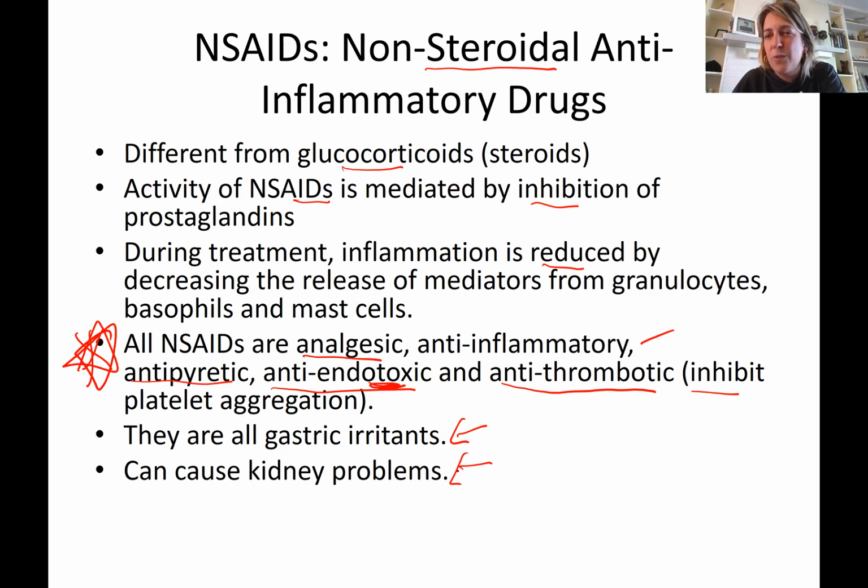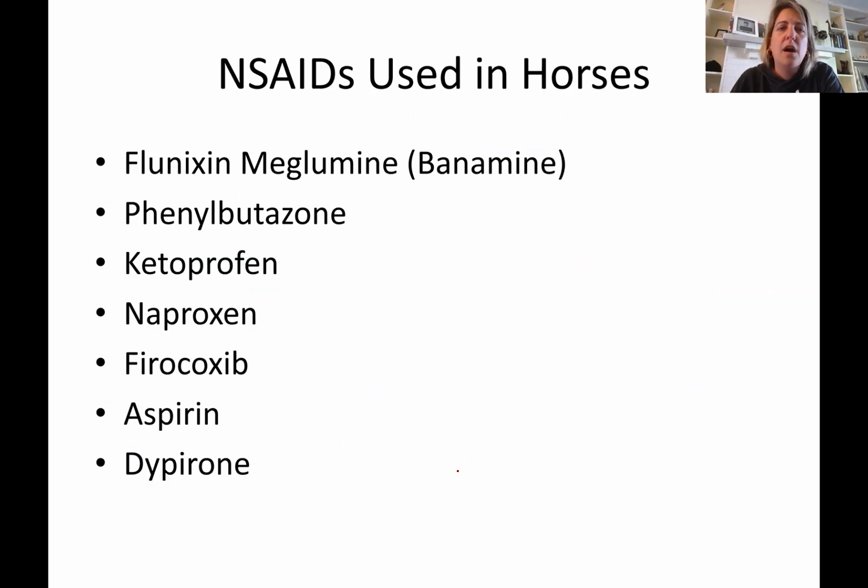That's why there are times that you can give NSAIDs to these horses, and there are times that you can't. If a horse is going to be on long-term treatment, you sometimes have to measure kidney function to see if the horse is not having kidney failure.